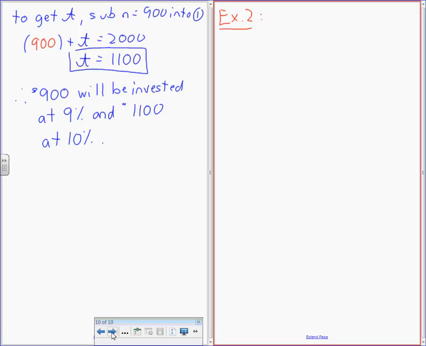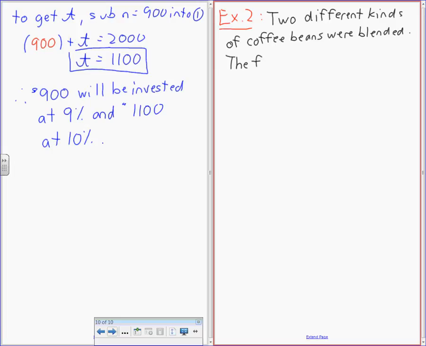Oh, I love this question. 2 different kinds of coffee beans were blended. The first is $2.30 per kilogram.